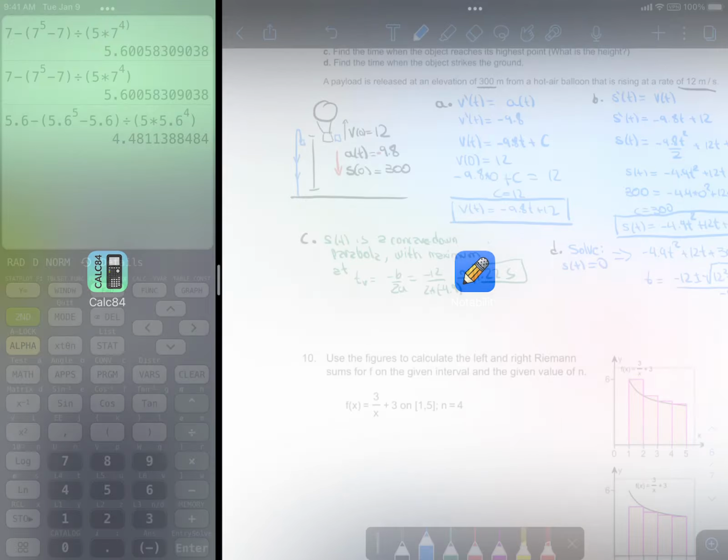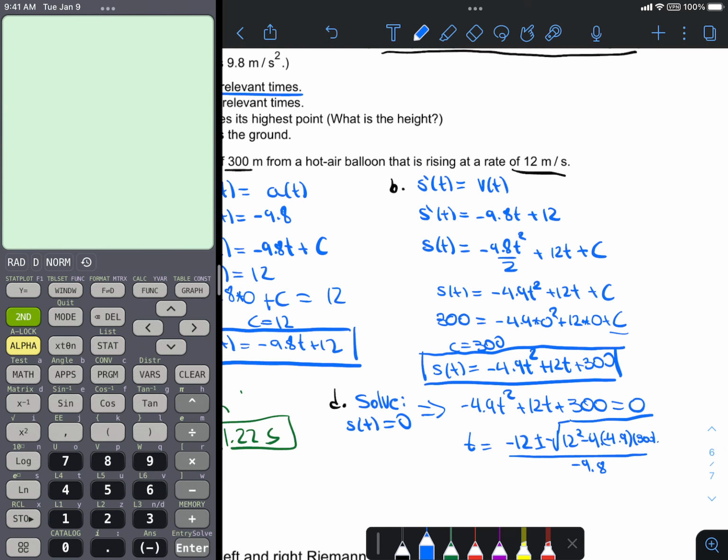So I'll do 12 plus the square root of 12 squared minus 4 times negative 4.9. Gotta be careful with the minus sign that I use.